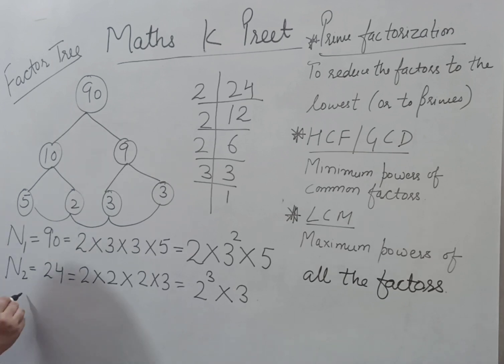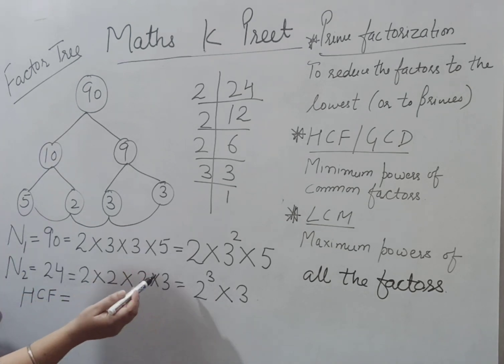Next is the HCF, highest common factor, or I will say GCD, greatest common divisor. An exact divisor is known as a factor. So this is the highest common factor of numbers. As I have written, it is the minimum powers of common factors in both the numbers.